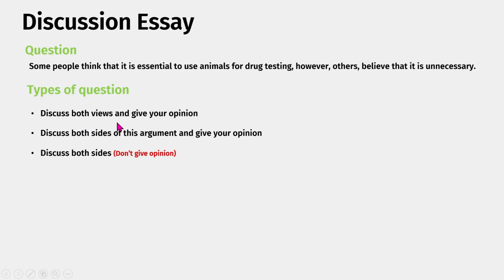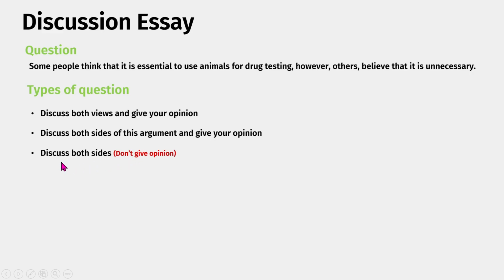And you can see here there are three different types of questions. The first question type would be like: discuss both views and give your opinion. If you see this in your question, that means it is a discussion essay. Then the next type is, instead of views, they will say: discuss both sides of this argument and give your opinion.